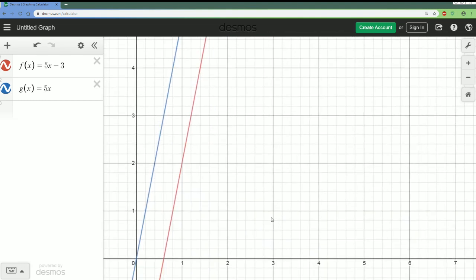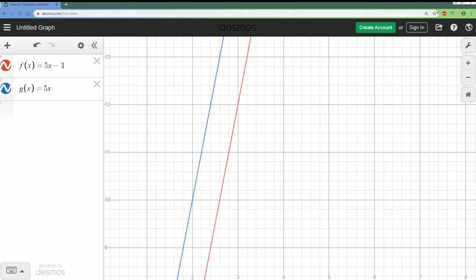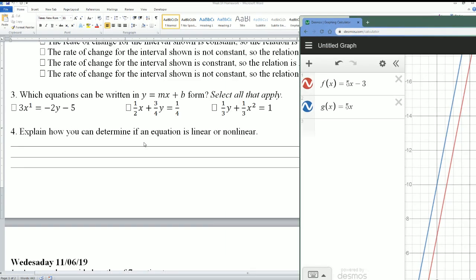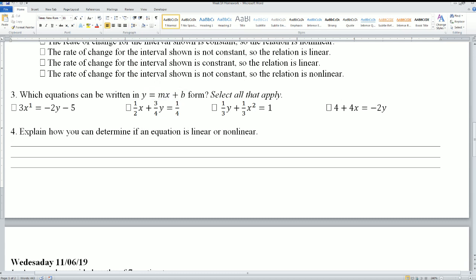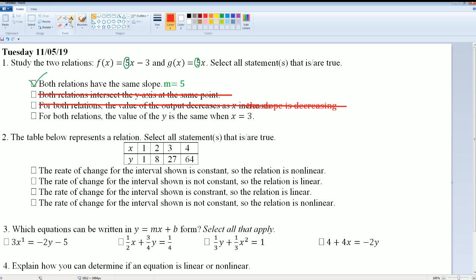Are they the same point? No, they're at different points. Nope, this one is also wrong. So only the top one is correct.